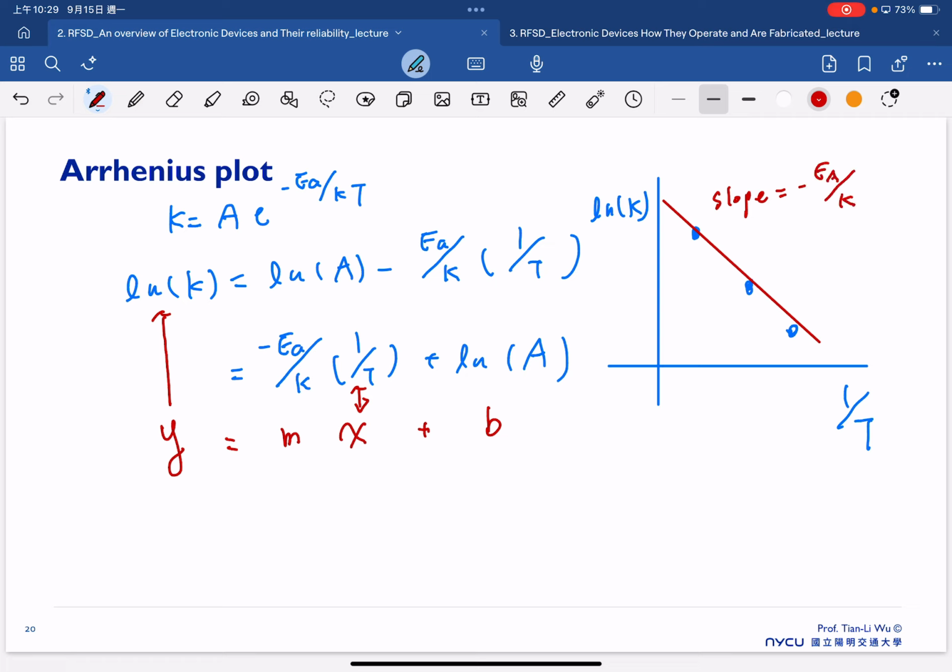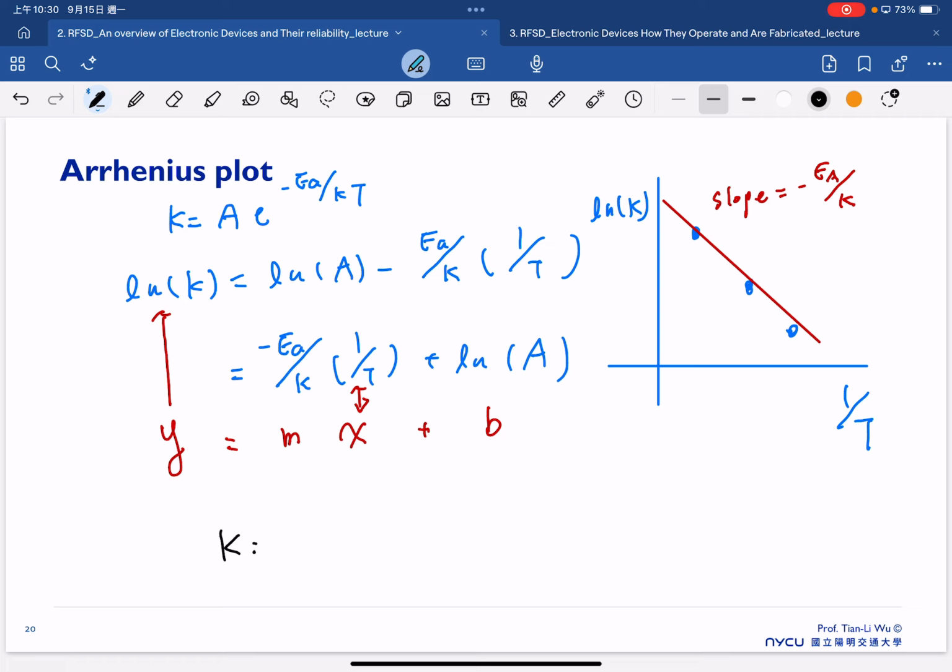So we can use this simplified calculation to estimate the activation energy without a very complicated process. And the k here can refer to any parameter for which we want to understand the temperature dependency of the degradation rate.